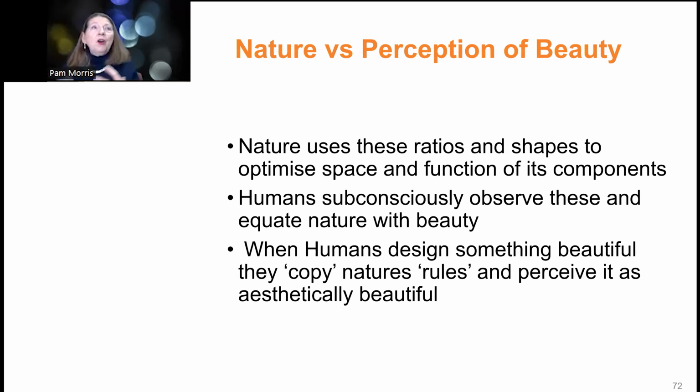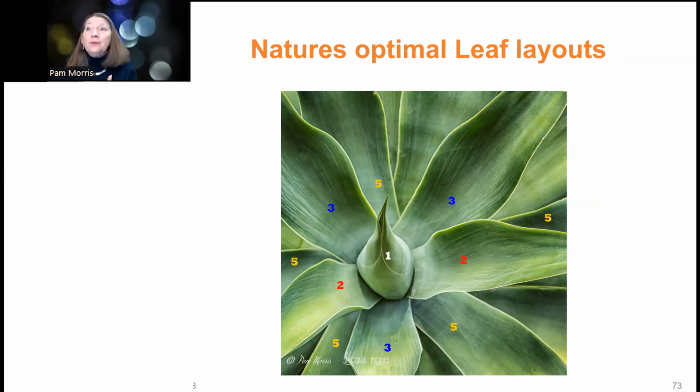So in subconsciously observing nature, we absorb the idea that how nature does things is beautiful. And we therefore expect when we manufacture something to manufacture it in the same sort of way that nature does. And so that's why when we copy nature by positioning using these ratios and proportions, we make an image that is much more aesthetically beautiful.